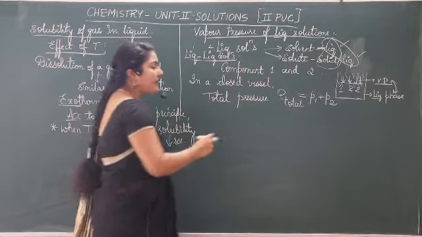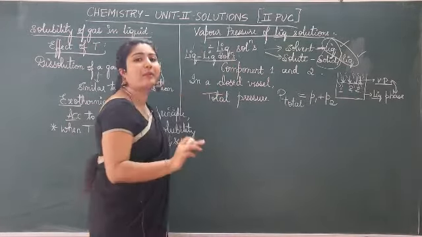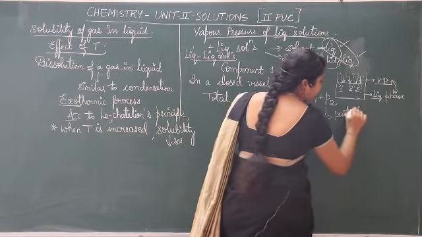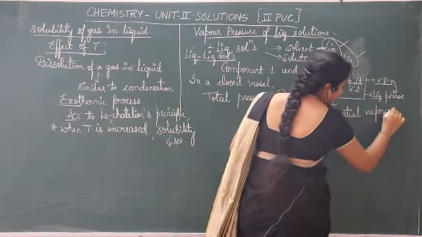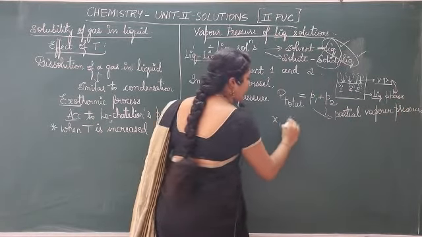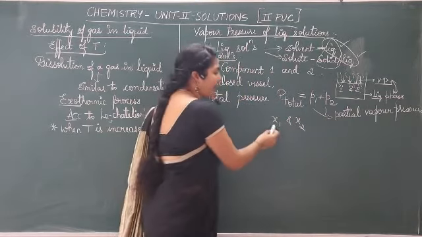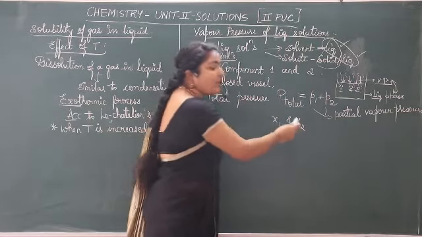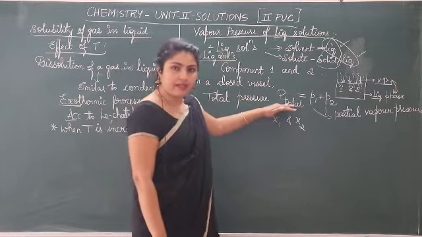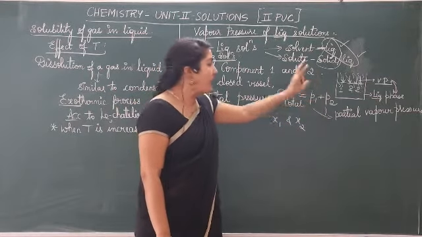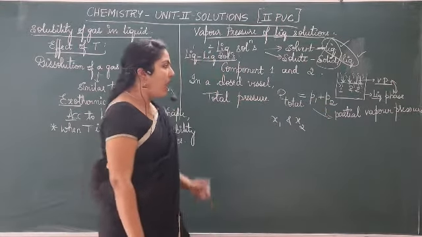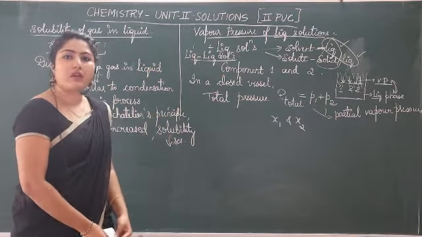Here we know that these partial pressures, that is partial vapor pressures, can be related to mole fraction x1 and x2. That means x1 is the mole fraction of component 1, x2 is the mole fraction of component 2. If total pressure P total is taken, we can take the sum of the partial pressures. Now we can relate this partial pressure to the mole fractions x1 and x2. How, or what is the concept related to this?